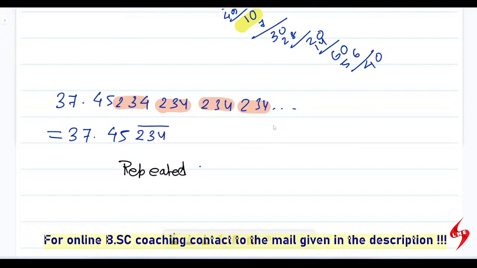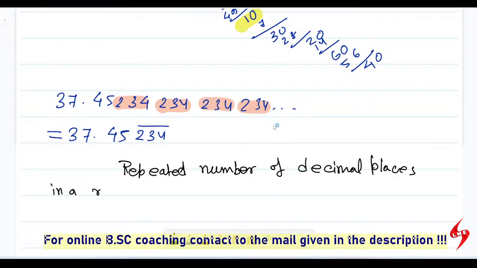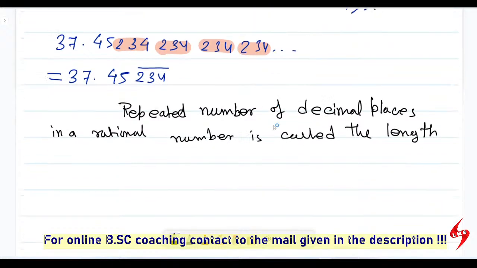Repeated number of decimal places in a rational number is called the length of its period.